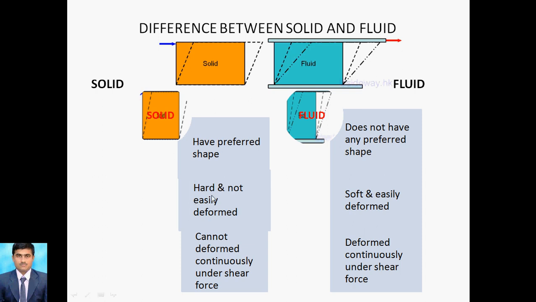A solid is hard and does not deform easily, but a fluid is softer and can be easily deformed. The next difference is that a solid cannot deform continuously under shear force, but a fluid can deform continuously under shear force. So this is the basic difference between solid and fluid.